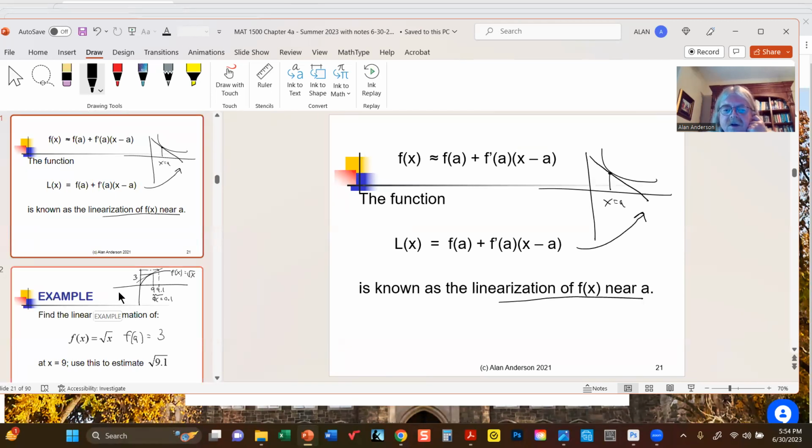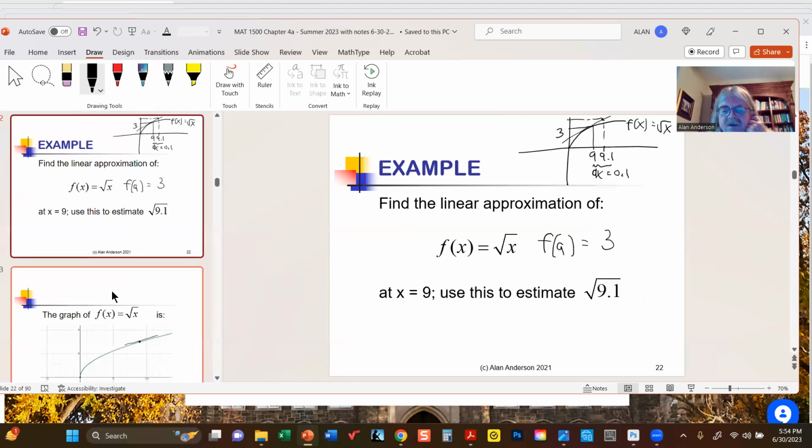So let's do a numerical example here. Imagine we're using the function square root of x. You can see up there what it is: it starts at the origin, and then as x increases, the curve increases at a progressively decreasing rate. In other words, it's flattening out.